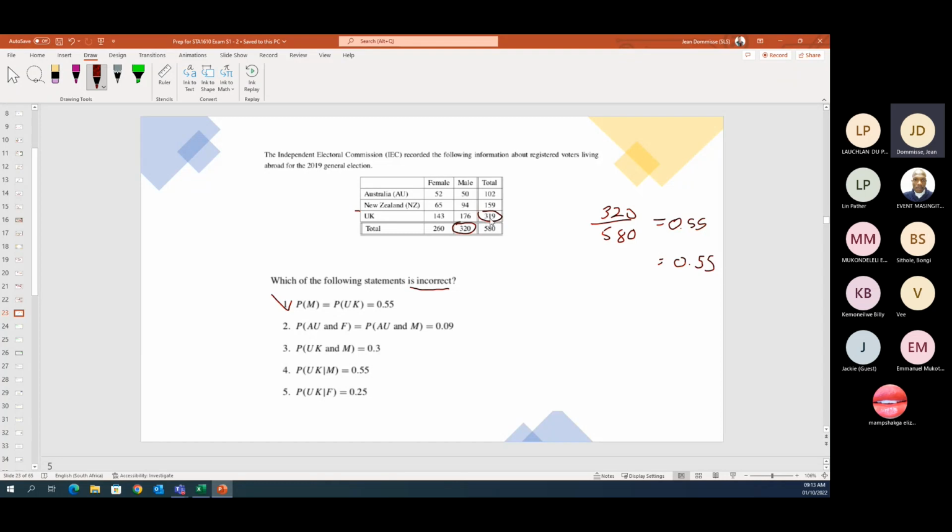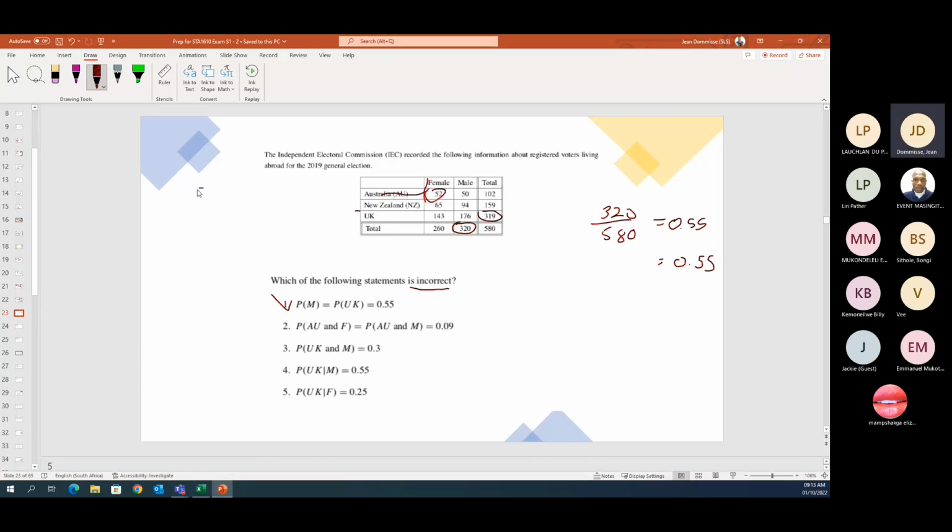So when you round it off, it will give you the same answer as 0.55. Okay, so let's look at the probability of AU, so Australia and female.